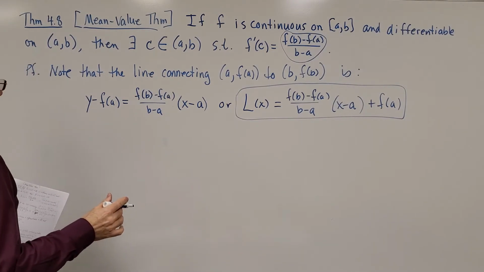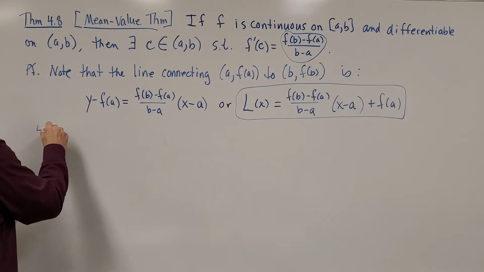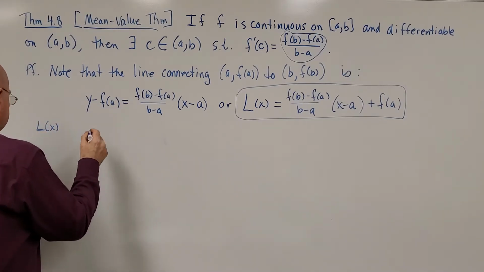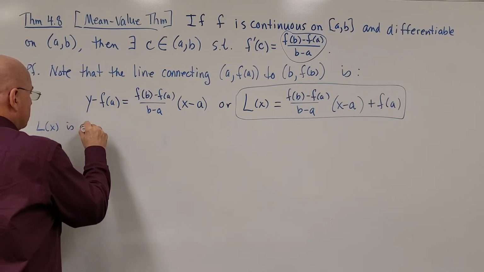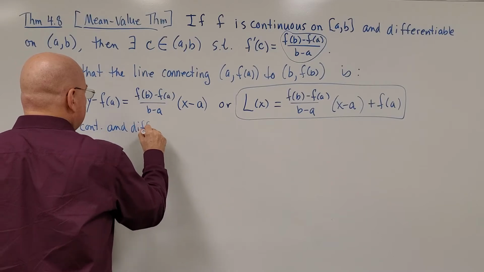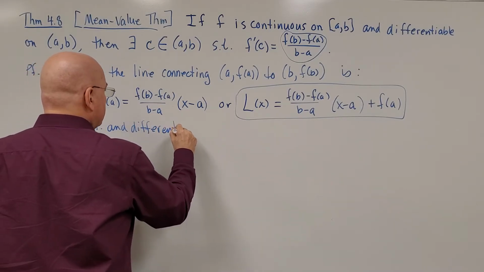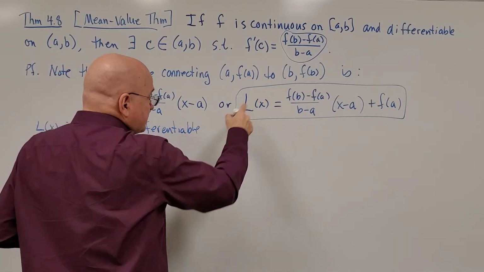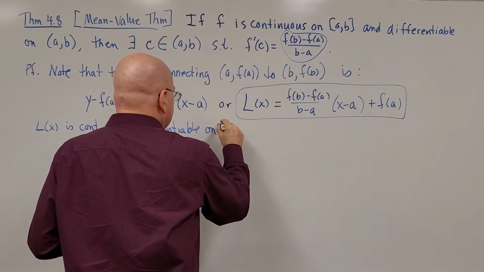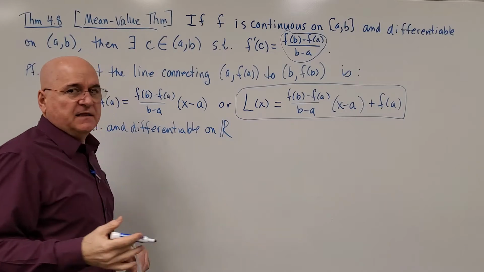All right, well, obviously, L of x is continuous and differentiable because f is, on all of R. It's a straight line.